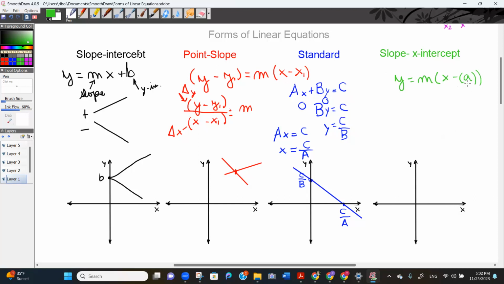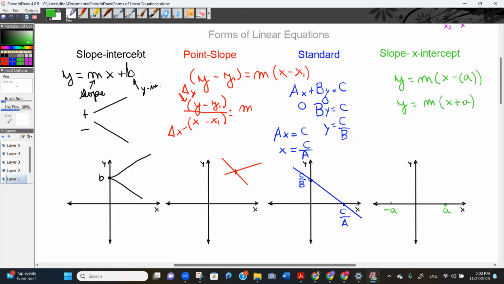If the x-intercept is positive, then the formula is going to be x minus a, and it is going to be somewhere over here, in the positive quadrant. Now, if I want the line to move onto the negative quadrant, so we have a negative a, then the formula is going to be y equals m x plus a.